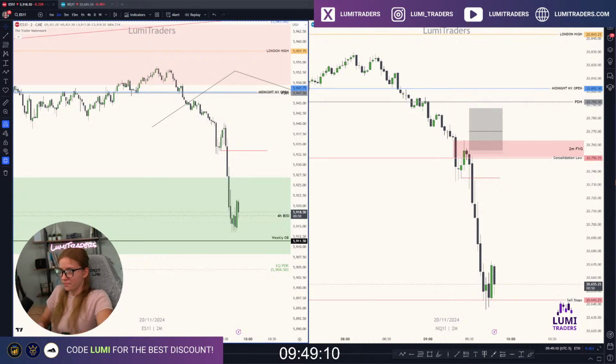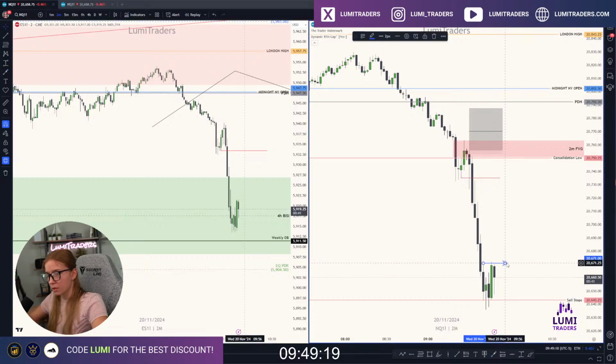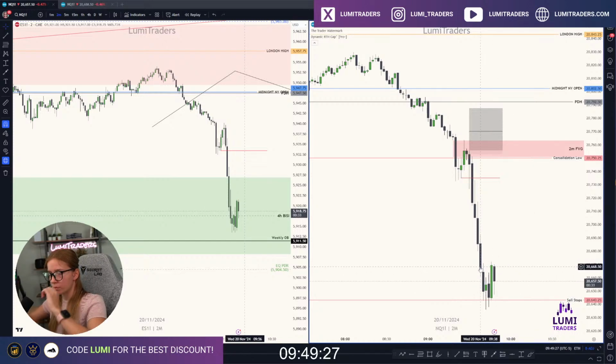For example, a change in the state of delivery on NQ, something right here. But as you can see, it failed to close above this level, so I'm not ready to say it changed the state of delivery yet. Would like to see a closure above this. Or it's going to be a combination of change in the state of delivery and inversion fair value gap.